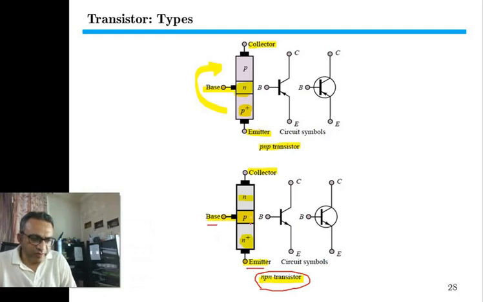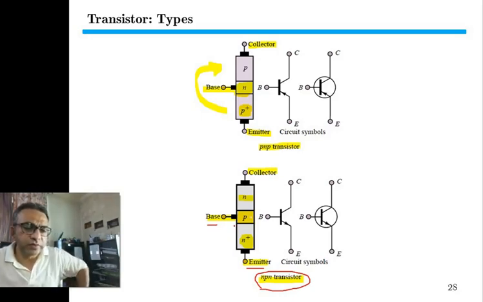Between the base and emitter is the p-type material and the n-type material, and the junction represents the depletion region. So between the base and emitter lies one PN junction, and one PN junction is always a simple diode. So what characteristics should we expect from the base emitter? The characteristics should be very similar to a normal diode.